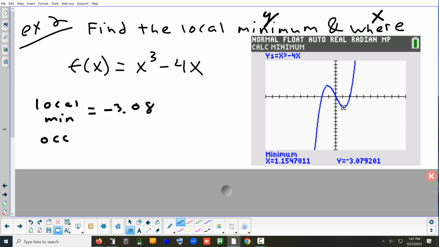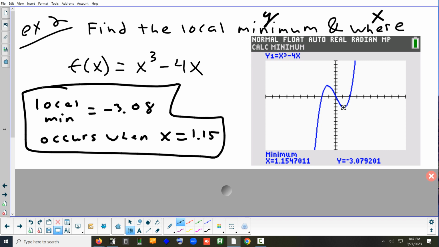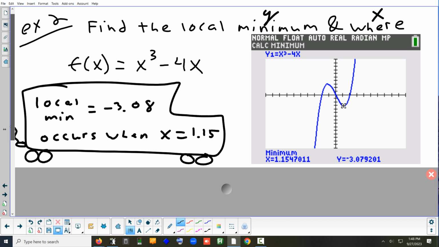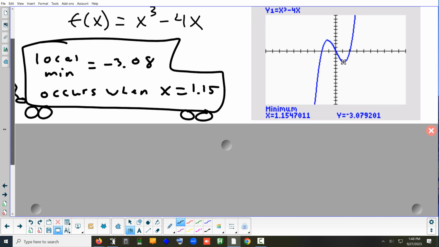And this occurs when x is 1.15. So 1.15 is the number you would plug into the formula to get negative 3.08. So there's our local minimum and when it occurs.